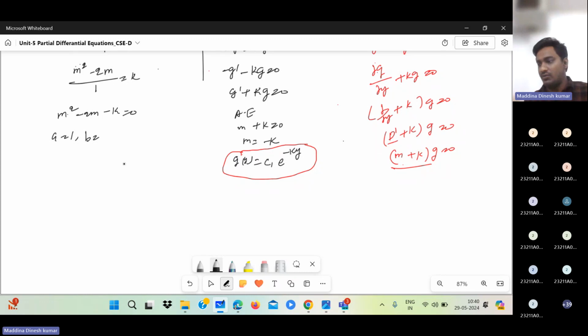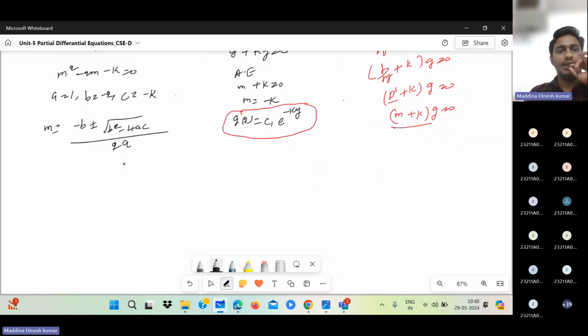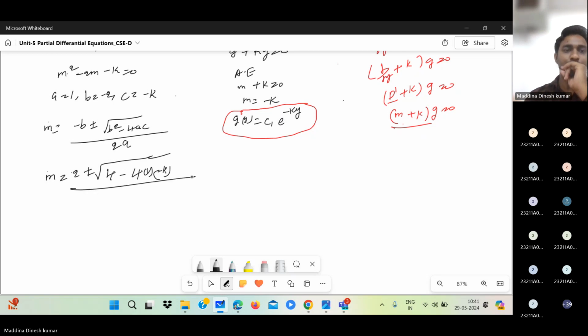Now it came. So m equal to minus b, means here 2, plus or minus square root of b square, means here 4, minus 4 a, means here 1, c means minus k, by 2a, 2 into 1.